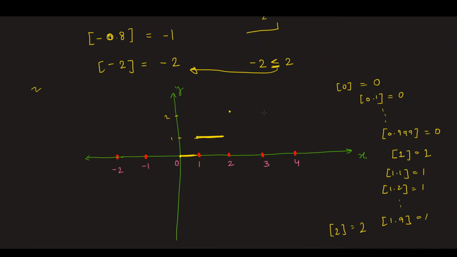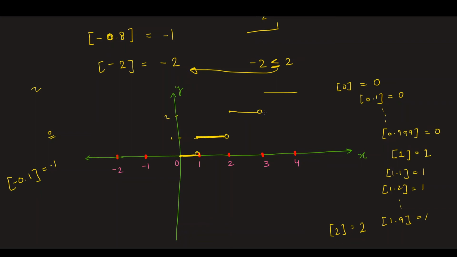Okay, so here I have to put this thing, because this means that it is not included, then we have to say this thing and so on. And on the negative side, let us say 0.1 minus, it will be minus 1. So this point is included here, then gent of minus 1 is minus 1.